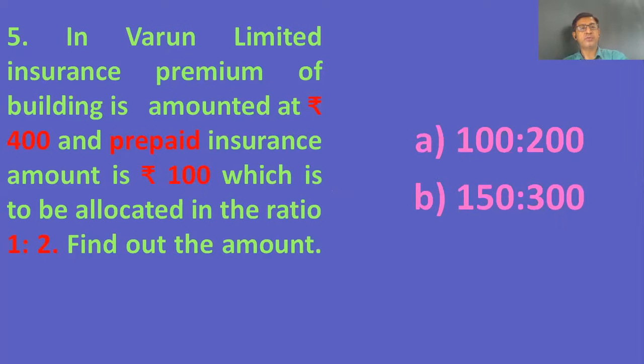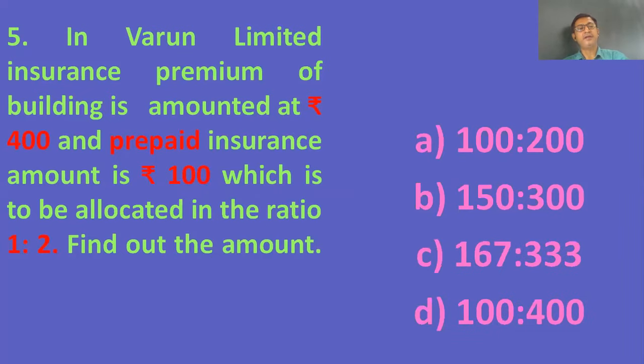So 300 should be allocated in the ratio 1:2. So 300 divided by 3 will be 100. So 100 multiplied by 1 is 100 and 100 multiplied by 2 will be 200. So the right answer is clear to us. Option A is the right answer, 100:200.